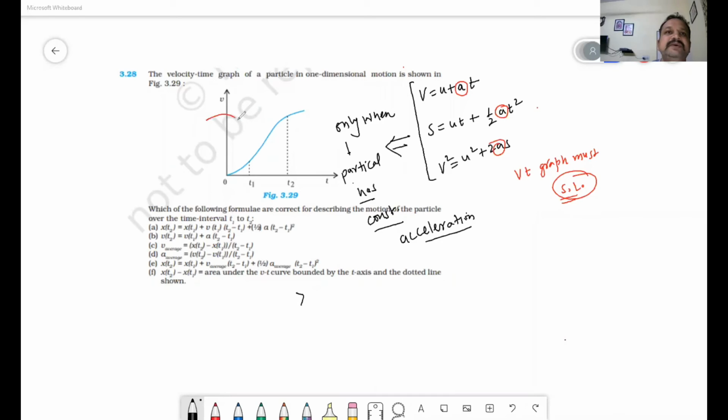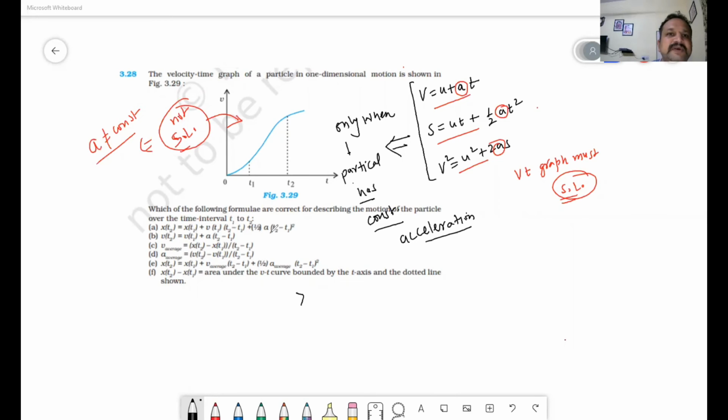Why? Because this graph is not a straight line. So we can say the acceleration of the particle is not constant. So wherever you see an expression like this way, these options must be eliminated. These options are wrong.